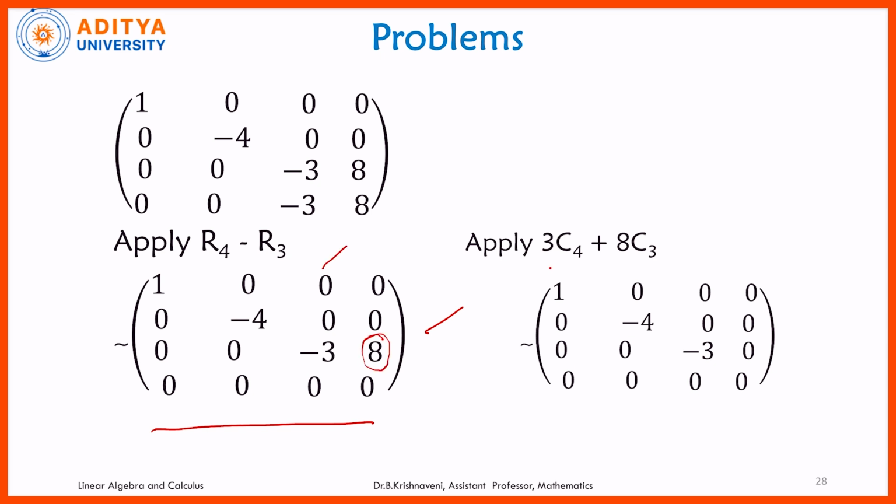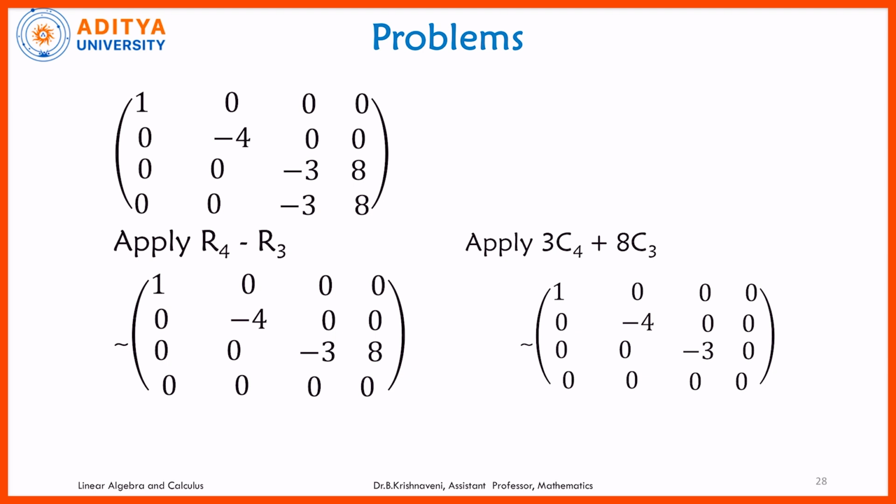So here we have used the operation 3C4 plus 8C3. Multiply C4 with 3 and C3 with 8, and if we add, we'll get this value equal to 0. Hence this matrix is equivalent to 1 0 0 0, 0 minus 4 0 0, 0 0 minus 3 0, 0 0 0 0.